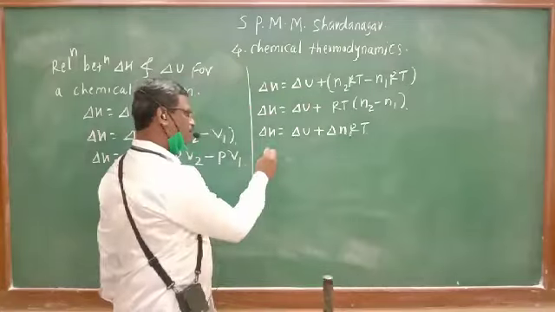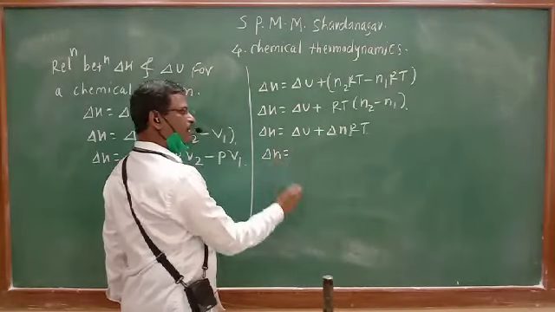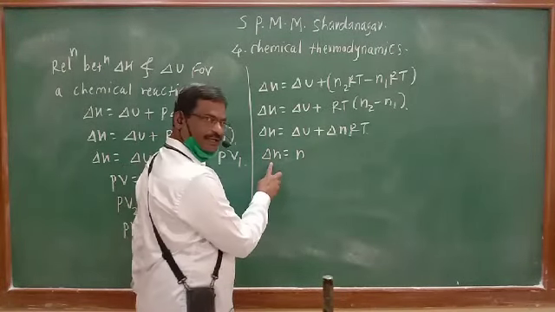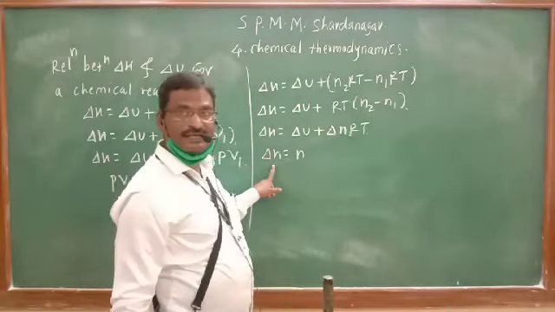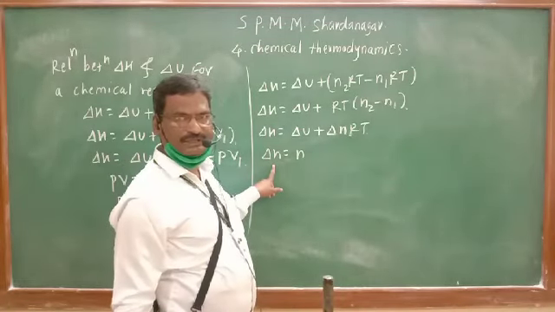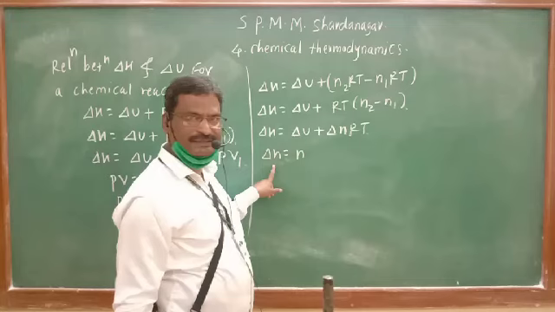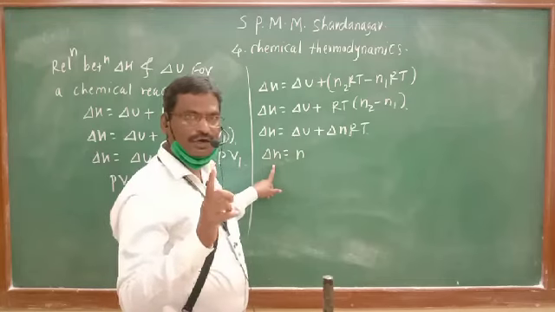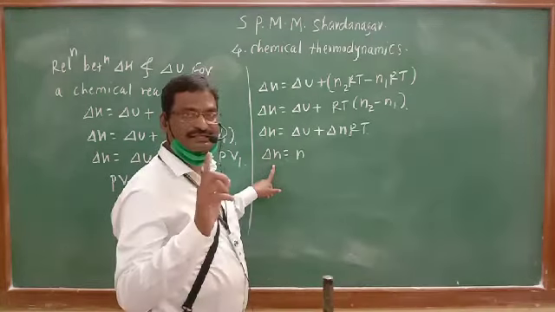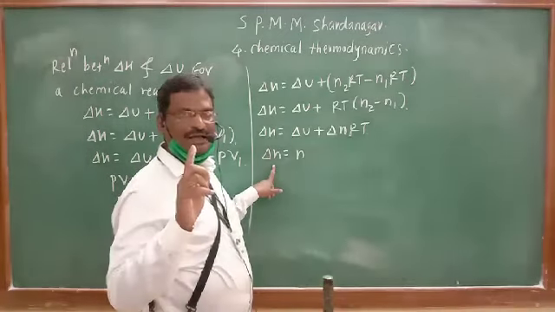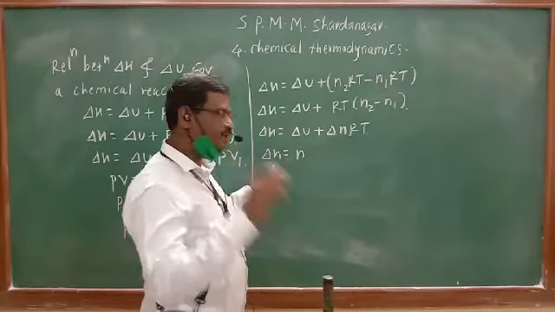Here at your 11th standard you have studied that delta n is change in number of moles in a chemical reaction. Here only gaseous state reactants and gaseous state products are considered.